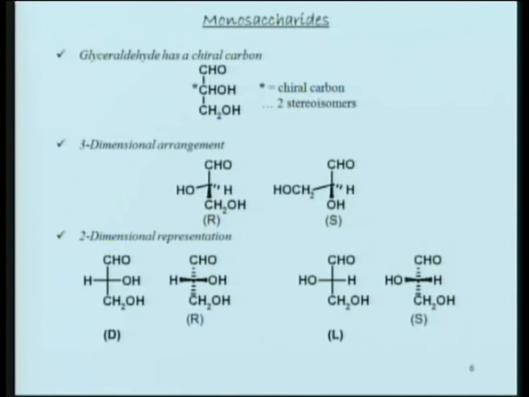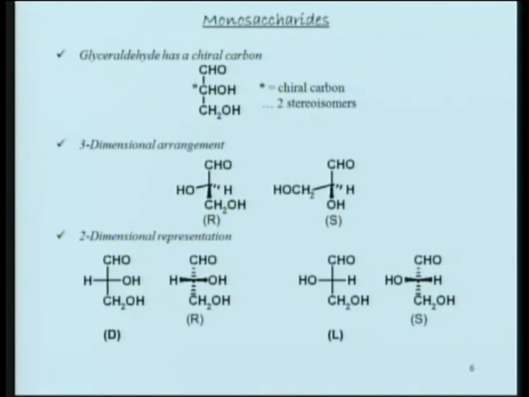Then the question arises, what about that carbon and that carbon? Because they have the same priority, you move one step further away. This is a double bond oxygen, right? So there are two oxygens here, and there are two hydrogens and an oxygen here. So this has a higher priority than that. So this is going to be 1, this is going to be 2, this is going to be 3. That's how the priority is defined.